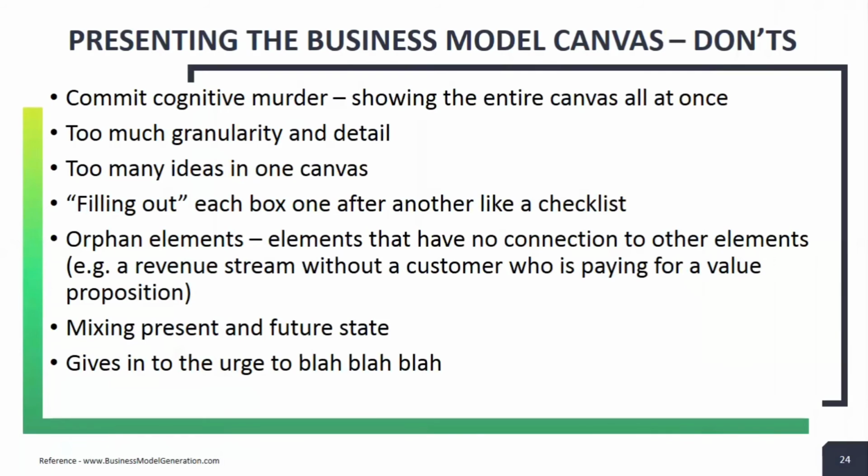Presenting the business model canvas: the don'ts. Avoid what we call cognitive murder, when we throw the entire canvas up on the screen all at once. So while presenting to your investor, don't show the entire canvas at a time.